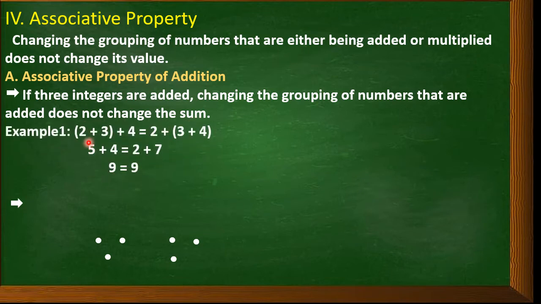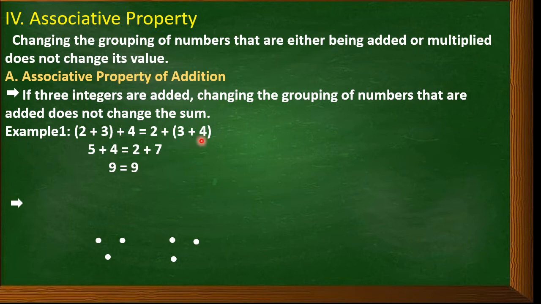Example, quantity of 2 plus 3 plus 4 is just equal to 2 plus quantity of 3 plus 4. On the left side of the equation, 2 and 3 are being grouped, while on the right side of the equation, 3 and 4 are being grouped.